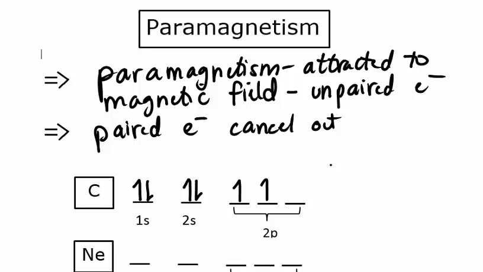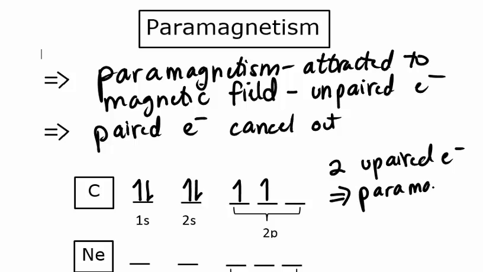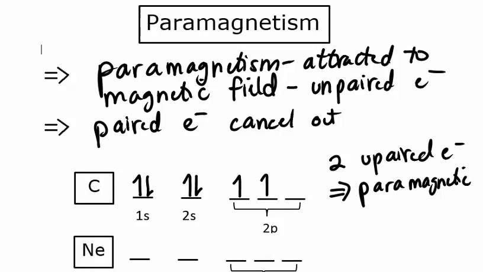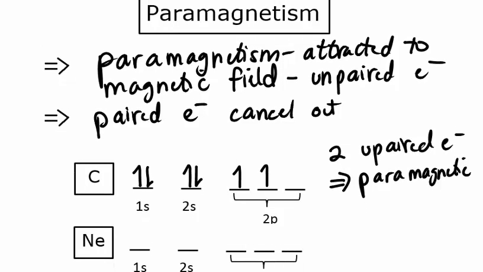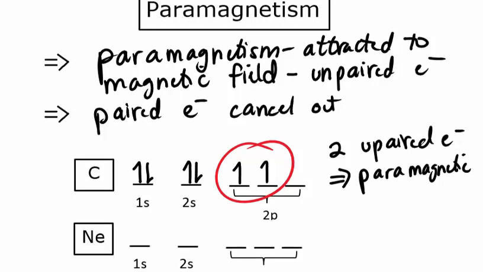All right, so you have two unpaired electrons, which are in that 2p orbital, and therefore carbon is paramagnetic because they have two unpaired electrons. Okay, so these two electrons make it paramagnetic.